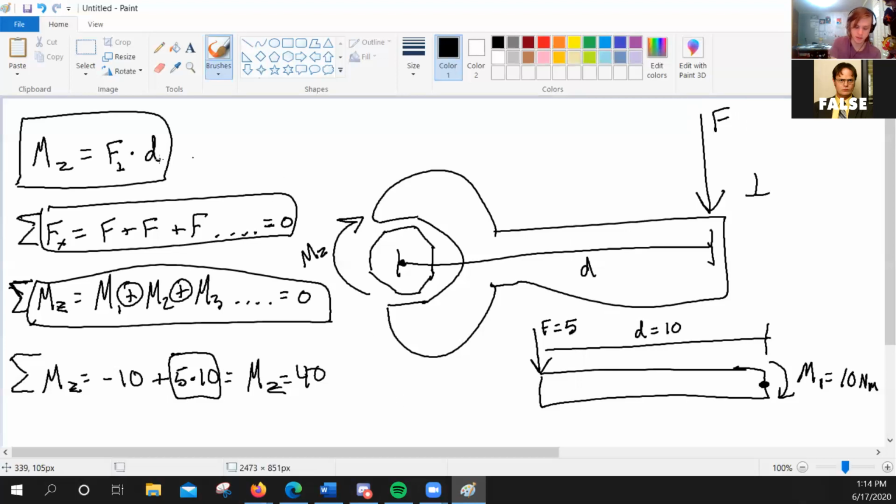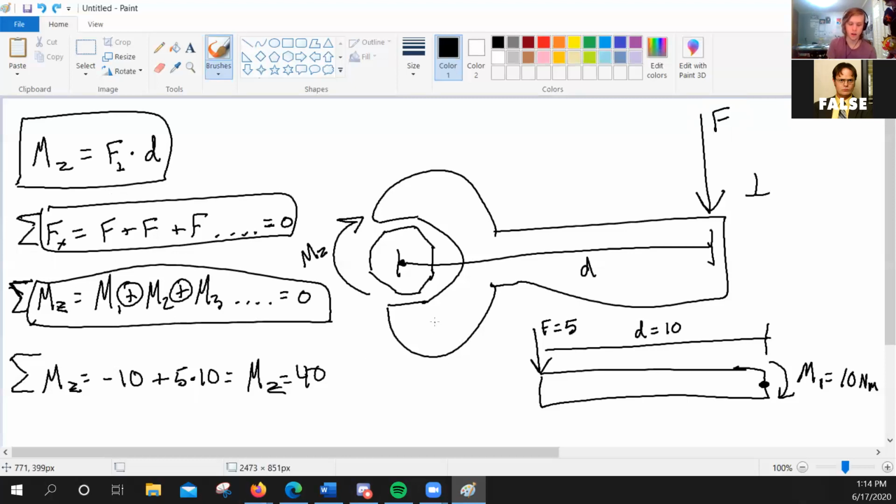So basically, moment equals force times distance, and then the sum of the moments equals all of the moments added together. Similarly, the sum of all the forces in the x direction is all of the forces in the x direction added together.